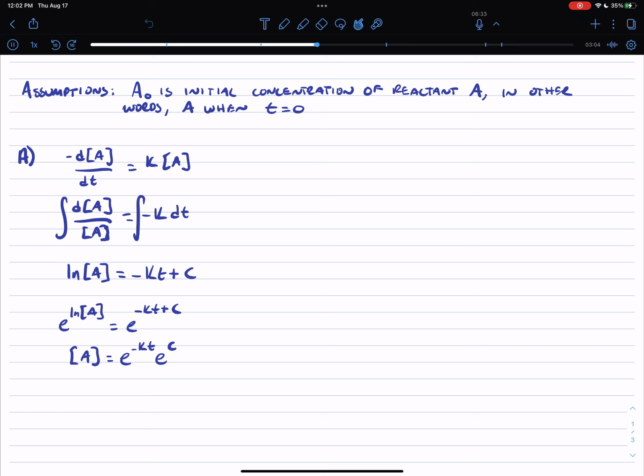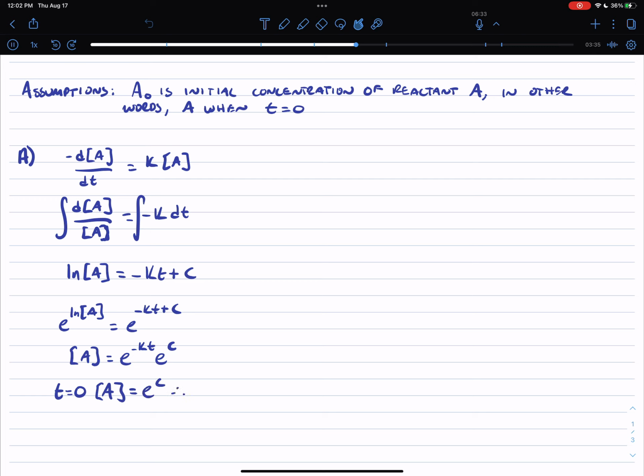And the next thing I'm going to do is point out our assumption one more time. We're stated that A naught is A when t is equal to 0. So when t is equal to 0, it'll get rid of that first e term, and so A is equal to e to the c.